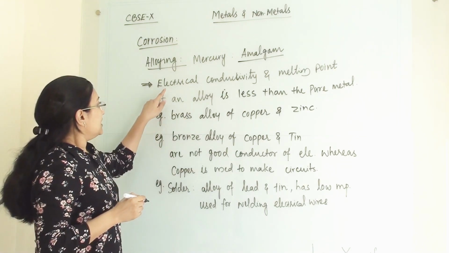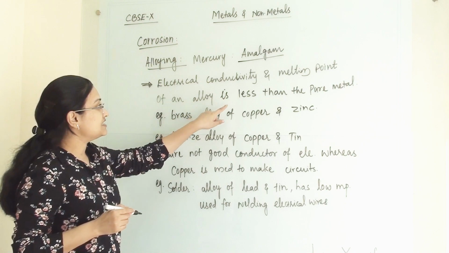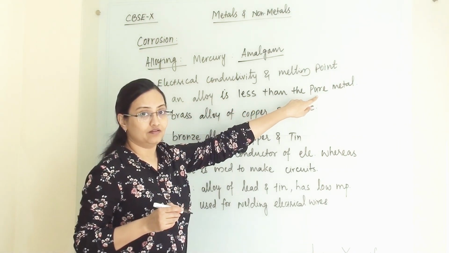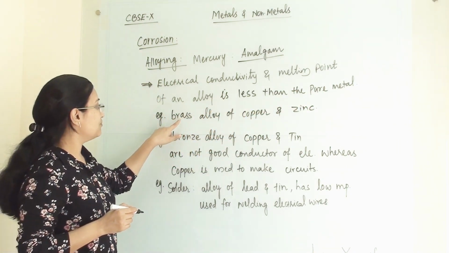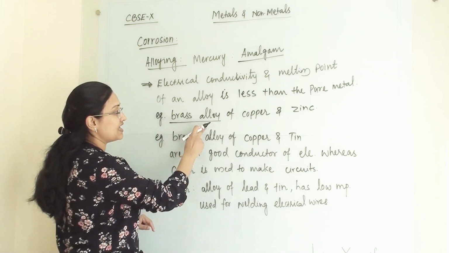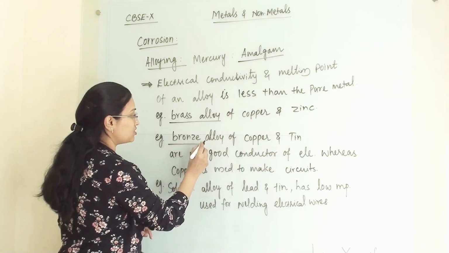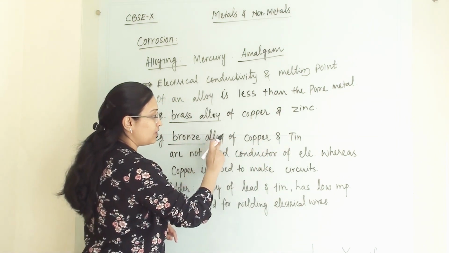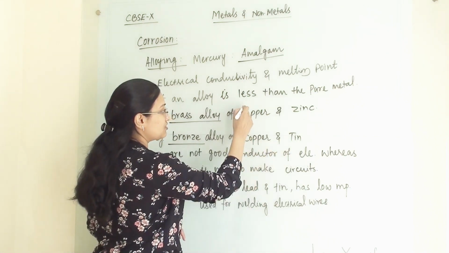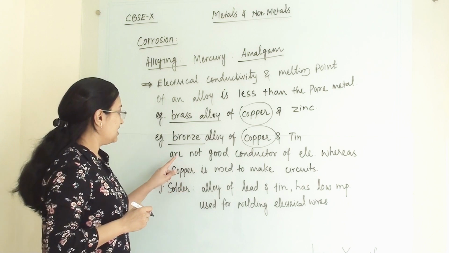Now, electrical conductivity and melting point of an alloy is less than the pure metal. Why are we saying so? Because when we are making a brass alloy, this is an alloy of copper and zinc. When we are making a bronze alloy, which is an alloy of copper and tin. So here copper is known for its electrical conductivity.